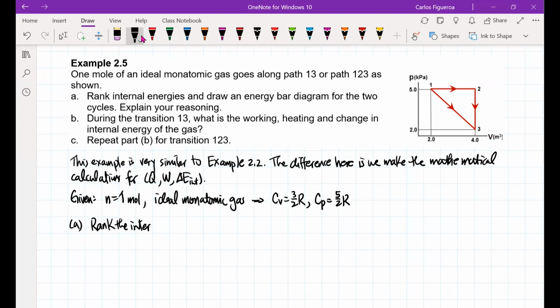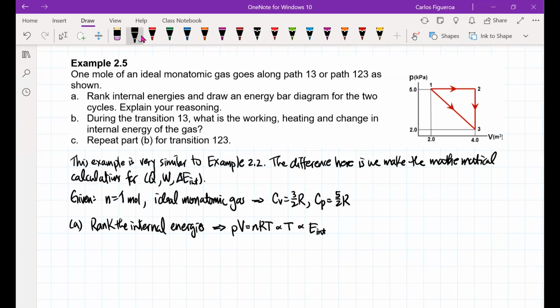Now, the reason why we want to rank the internal energies is that it helps us to get a sense of what's going on. So note that I have 3 states, 1, 2, and 3. The way we do this is that we use PV, which is equal to nRT, which is proportional to the temperature, which is then proportional to the internal energy.